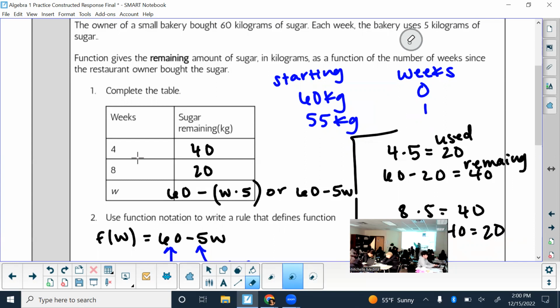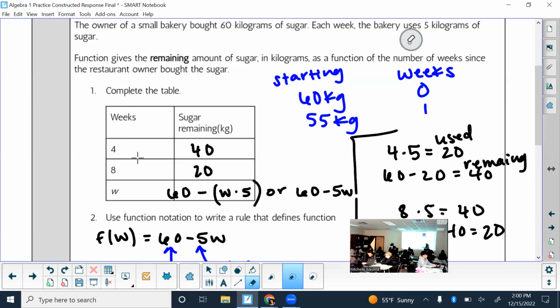That's how we're getting that. Same with 8 weeks. How much did they use at 8 weeks? 40. They used 40. So subtract that from your starting amount, you have 20 remaining. So if we summarize what we just did, we're taking the weeks times 5, right? That's how much they use a week, and subtracting it from 60.